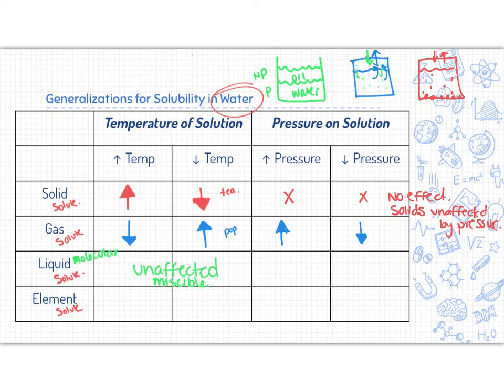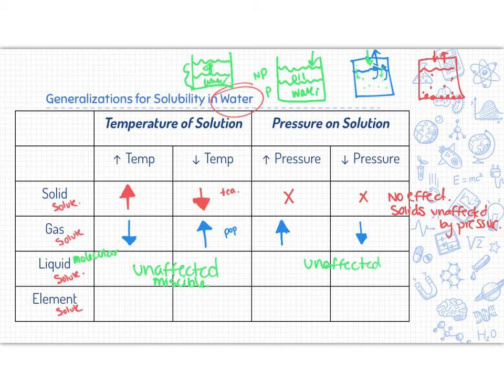Okay, same thing if we had two polar things, let's say orange juice, so OJ and water. It doesn't matter what I do to the temperature, these will always mix in whatever proportion I add. Okay, same with pressure. Pressure does not affect this. Unaffected.